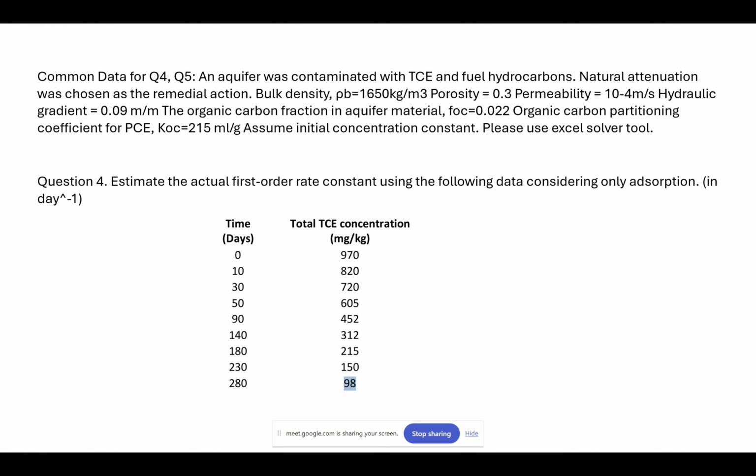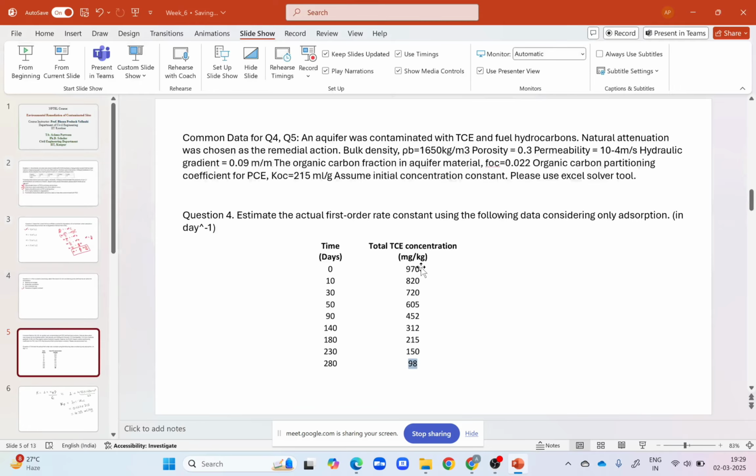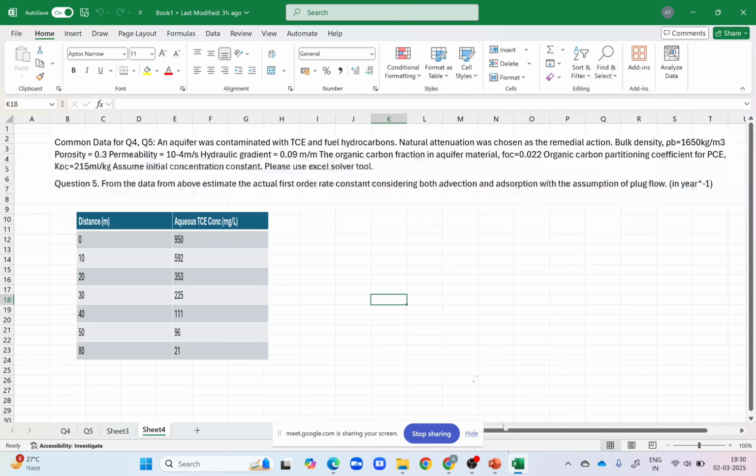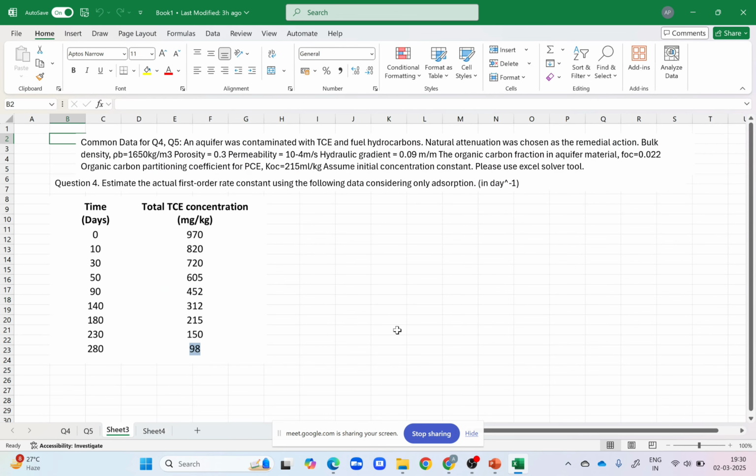So let me directly go to the Excel, and then we will see how to solve this question. So this is the question given.